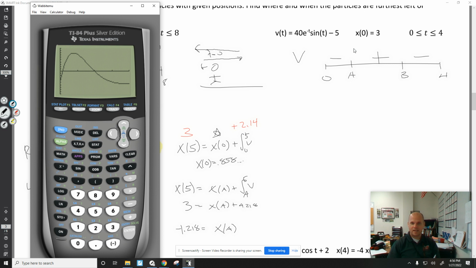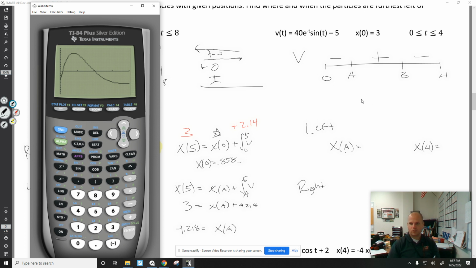We have candidates. A is a min when I'm furthest left. That will just be x of 0, which is 3, plus my displacement, which I'll be able to find. And we can use x of 0 every time. The other candidate for furthest left is at 4. So x of A and x of 4. Furthest right.